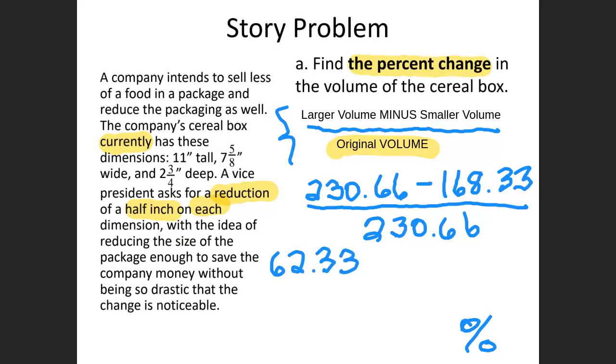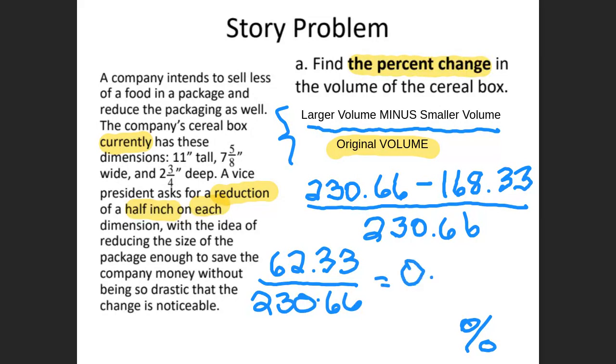Now that will give me 62.33. And now I'm going to divide by 230.66. Now I'm getting the decimal 0.2702. Remember, you've got to move the decimal 2 places. Now, my answer is going to be 27%.